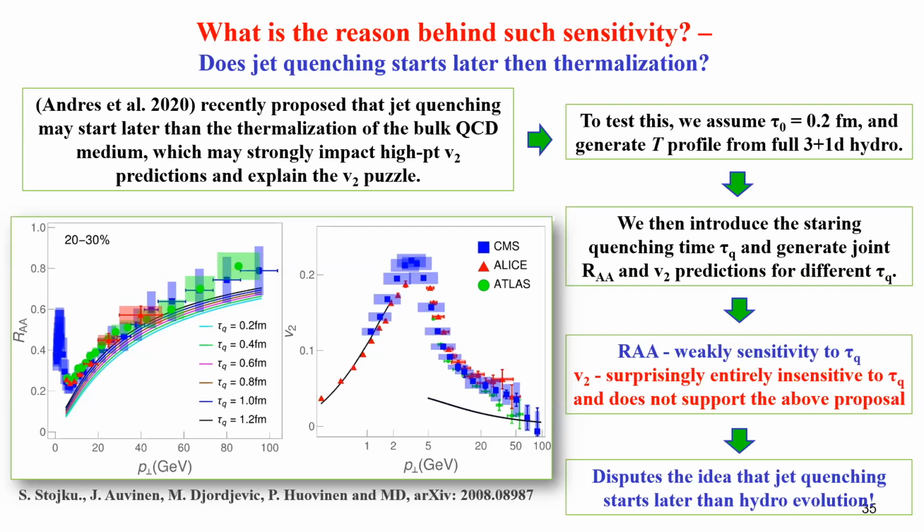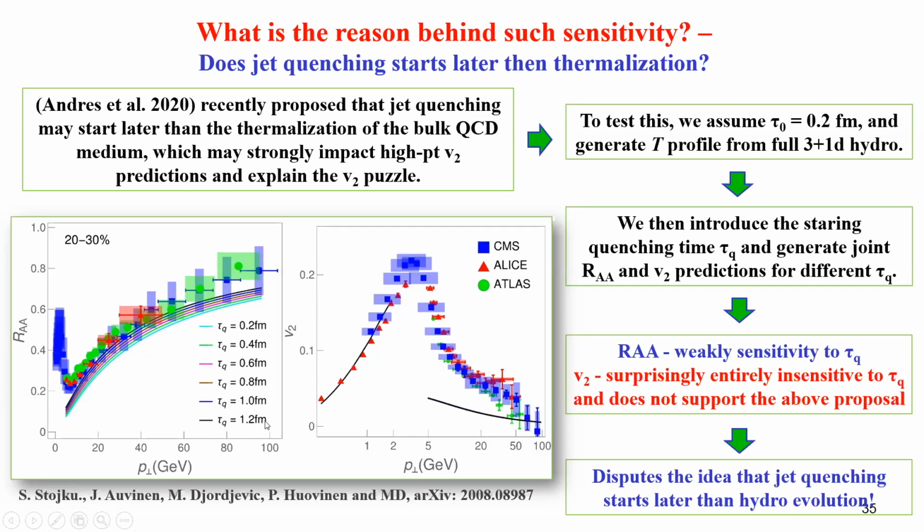And to test this, we assume the smallest thermalization time, 0.2 Fermis, and then generate the T profile from this thermalization time, the full 3+1D profile. Then we introduce different quenching times: 0.2, which coincides with this thermalization time, or 0.4, which is later, then quenching time 0.6, 0.8, or quenching time up to 1.2.